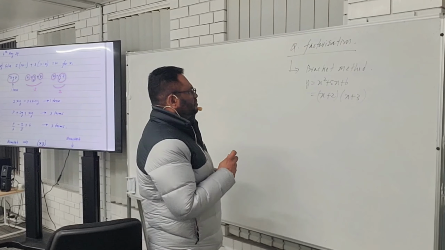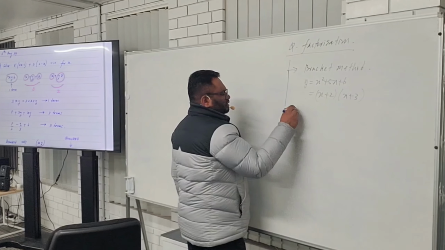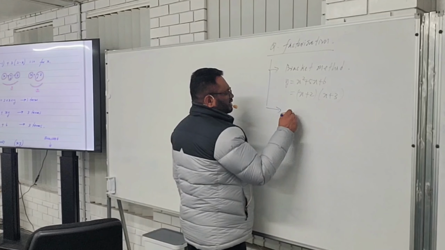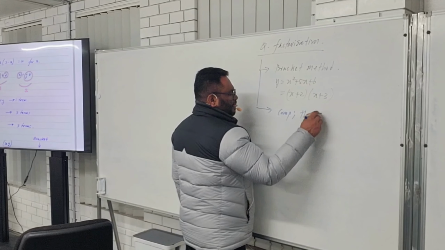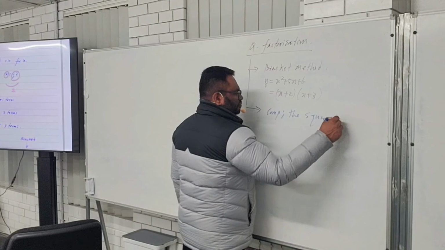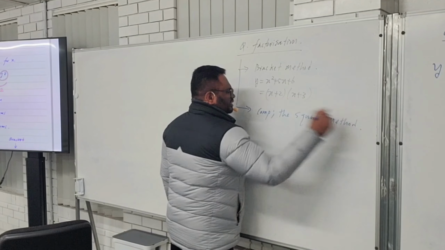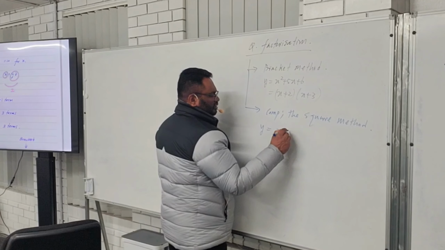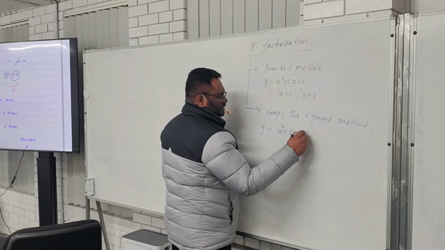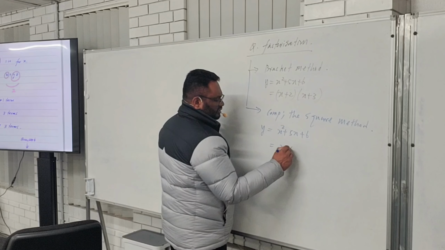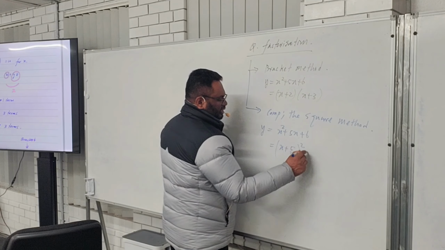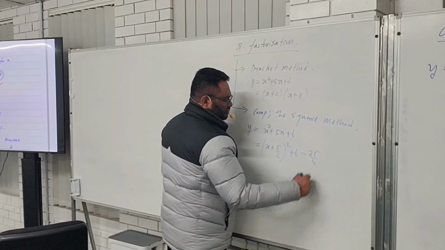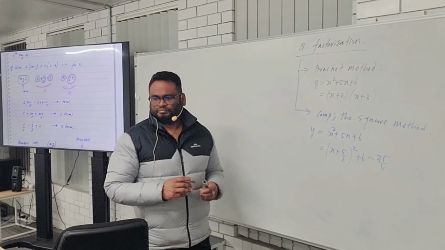The second one is the completing the square method, which I will teach you. If you have x squared plus 5x plus 6, what you do is x plus 5 divided by 2, squared, plus 6 minus 25 divided by 4. So you do it that way.